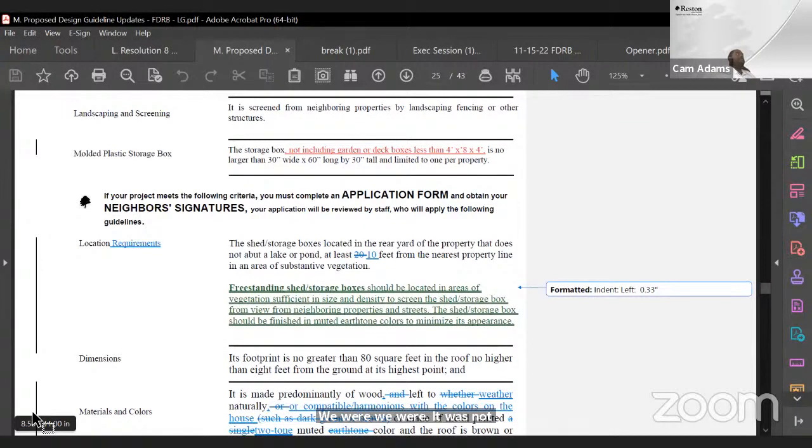And so we wanted to make it very clear what members could do without an application, and not ask us, hey, does this box look like it requires an application or no?